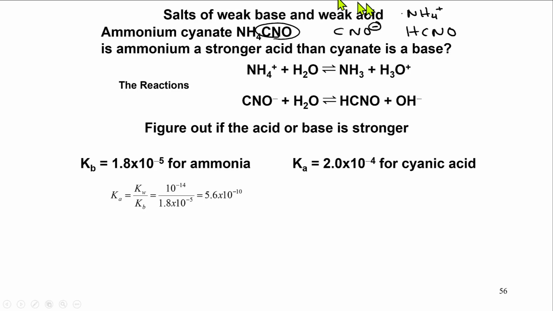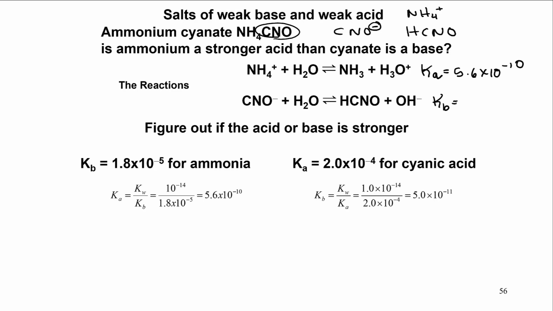So now I have the Ka for this reaction. And then I did the same thing for cyanic acid and found the cyanate ion, right? And then calculated its Kb, and I got Kb is equal to 5.0 times 10 to the minus 11.